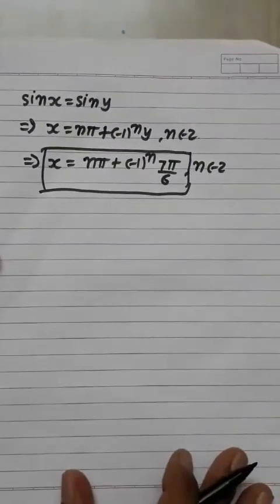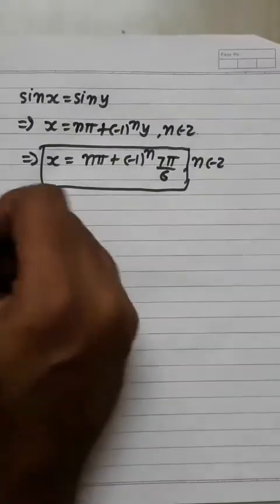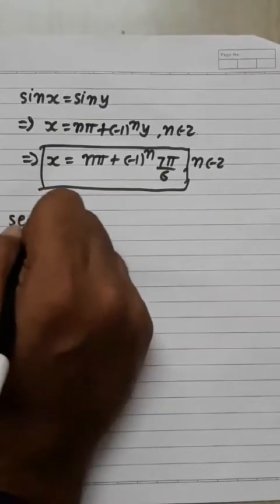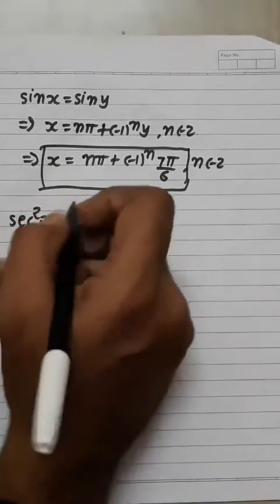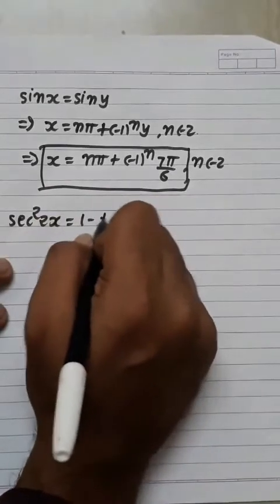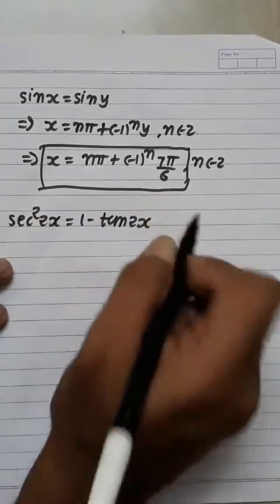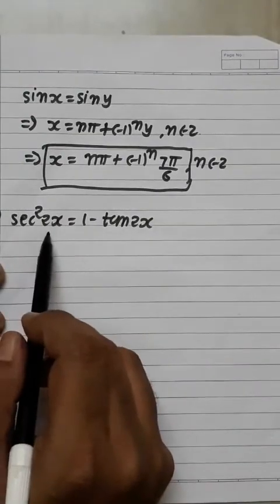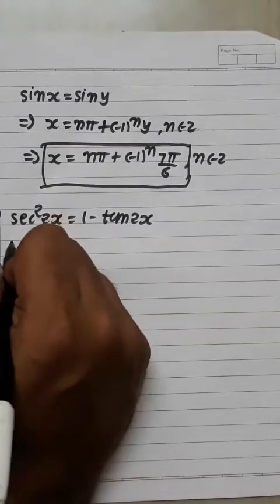Next question. Second one: sec square 2x is equal to 1 minus tan 2x. Now once again we know that sec square theta is equal to 1 plus tan square theta.